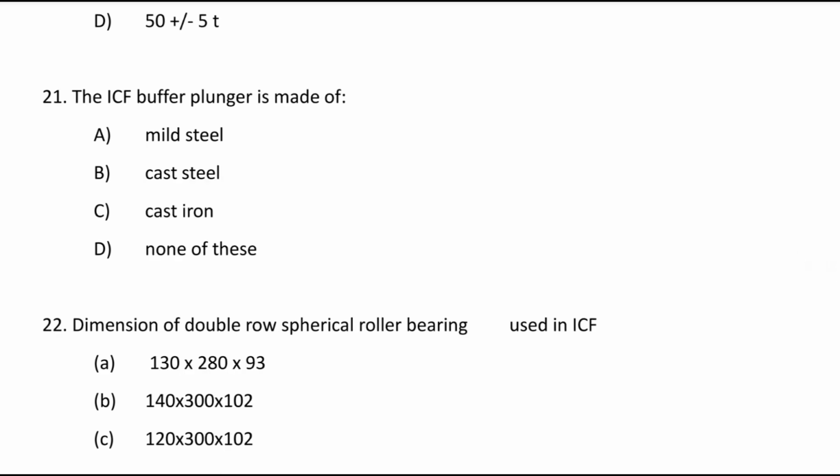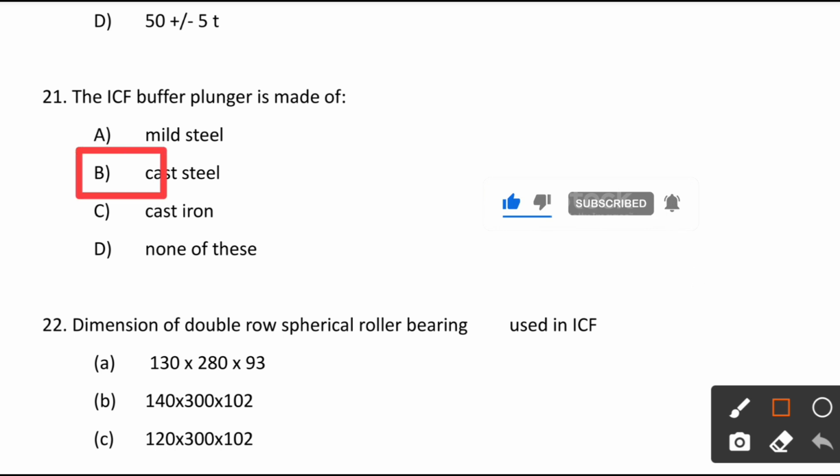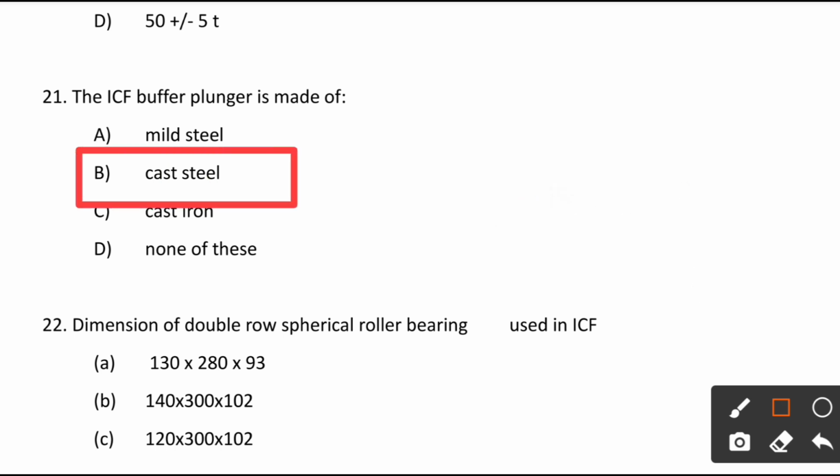21. The ICF buffer plunger is made of A. Mild steel, B. Cast steel, C. Cast iron, D. None of these. In this question, the correct answer is B. Cast steel. 22.